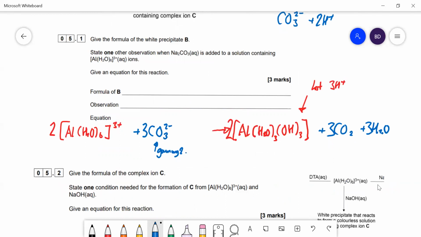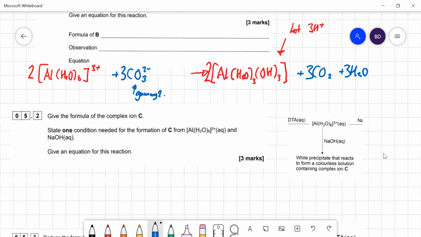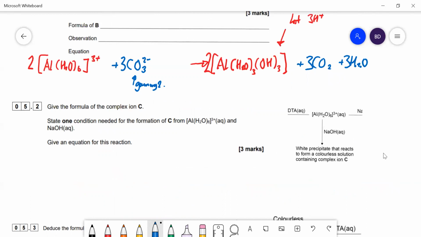Give the formula of complex ion C. Okay, well, let's have a look at C. It is a white precipitate, but that redissolves. So that's when you add excess of sodium hydroxide. The condition we need is an excess of NaOH. What's going to happen there is we start off with the 6 waters around the aluminium. First of all, we'll replace just 3 of them to form the precipitate, and then replace a 4th one.